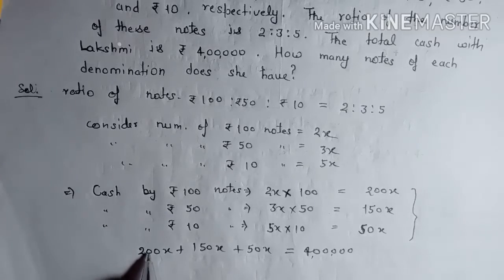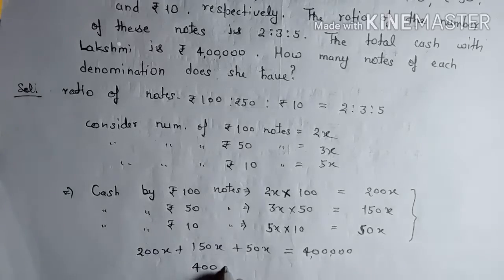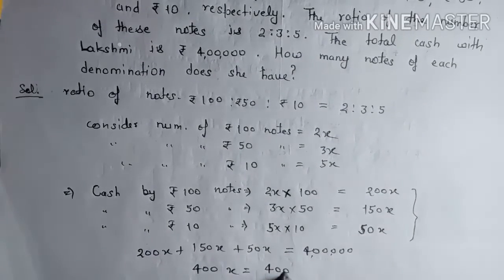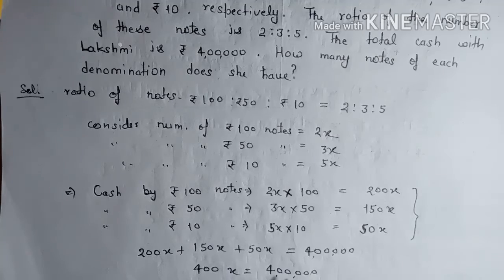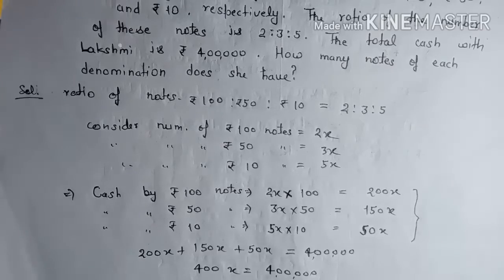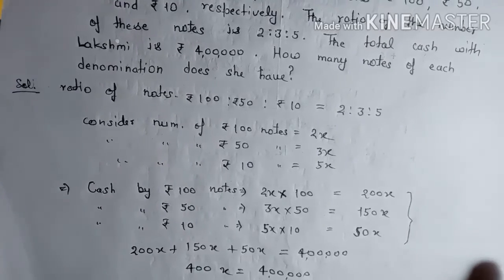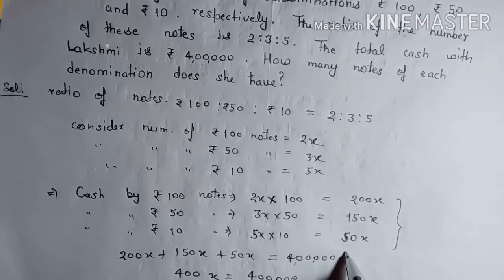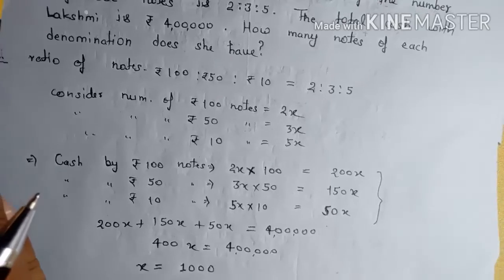Now 200 plus 150 plus 50 becomes 400x is equal to 4 lakh rupees. Now get value of x here, so when you divide this 4 lakh by 400 you will get 1000. So total number of 100 rupee notes is, here in this bracket I'm writing my answer, so get to know that.